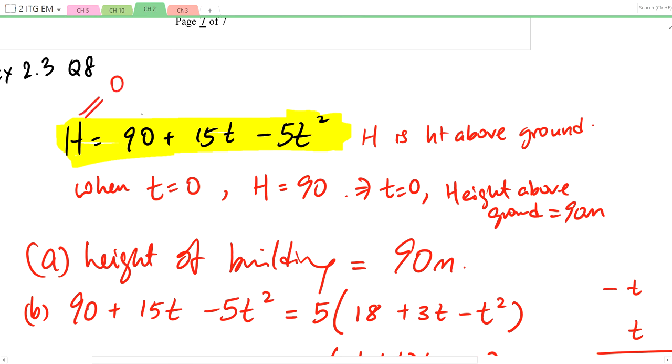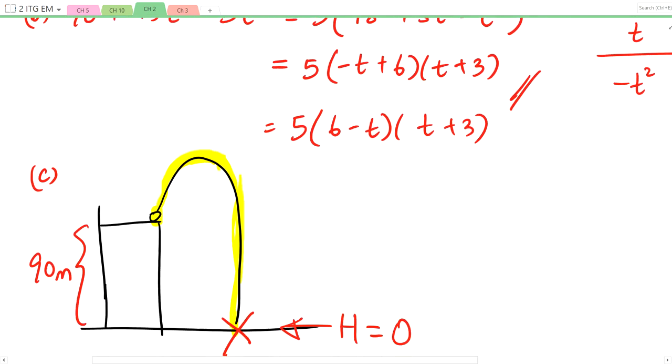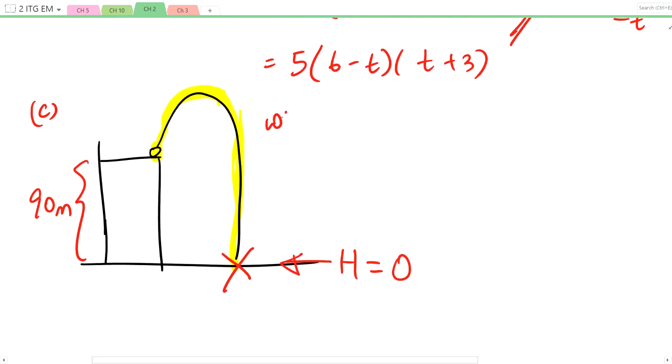Okay, so what do you think happens if I substitute h equals 0 here? Let's say h equals 0. That means this equals 0, right? When this is equal to 0, I get a quadratic equation. Meaning 90 plus 15t minus 5t squared equals 0. So part C, when ball hits floor, h equals 0. Do we need to write this?